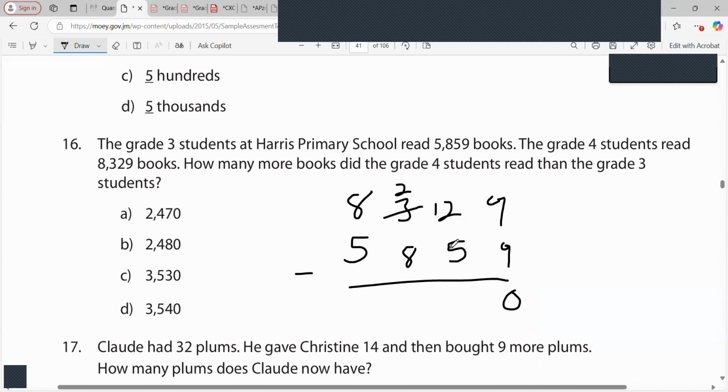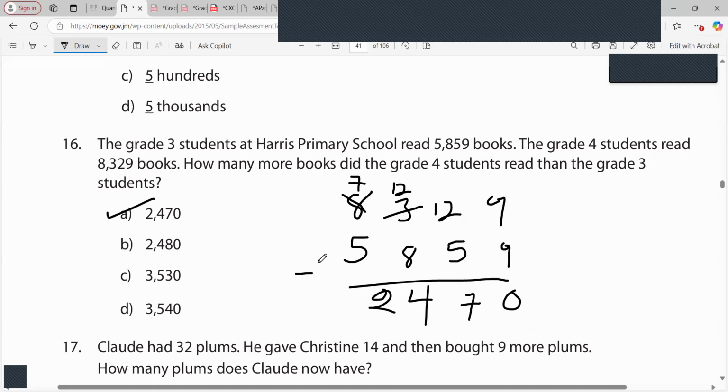So this becomes 12, 5 from 12 leaves 7. 8 from 2 we can't, so we borrow from the 8, which leaves 7, and then 8 from 12 leaves 4. 5 from 7 leaves 2, so it's 2,470.